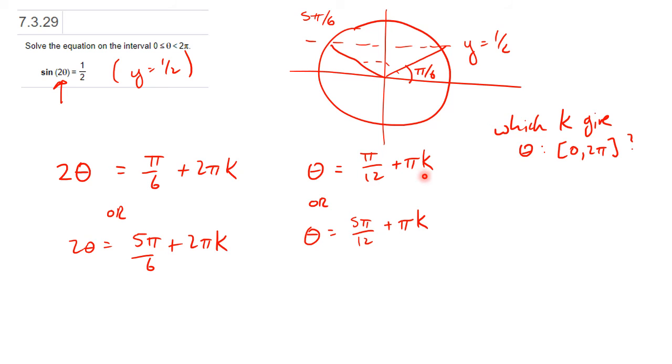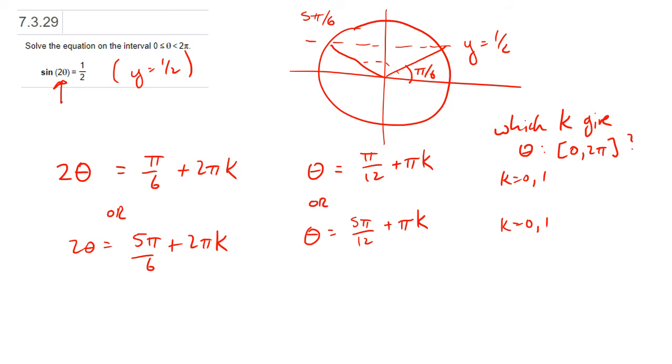I get pi over 12. k equals 1 is also fine. Pi over 12 plus pi is still in between 0 and 2 pi. Once k is 2, however, I have something positive plus 2 pi, that's too big. So in this first line, I can let k equal 0 or 1, and it's actually the same down here.